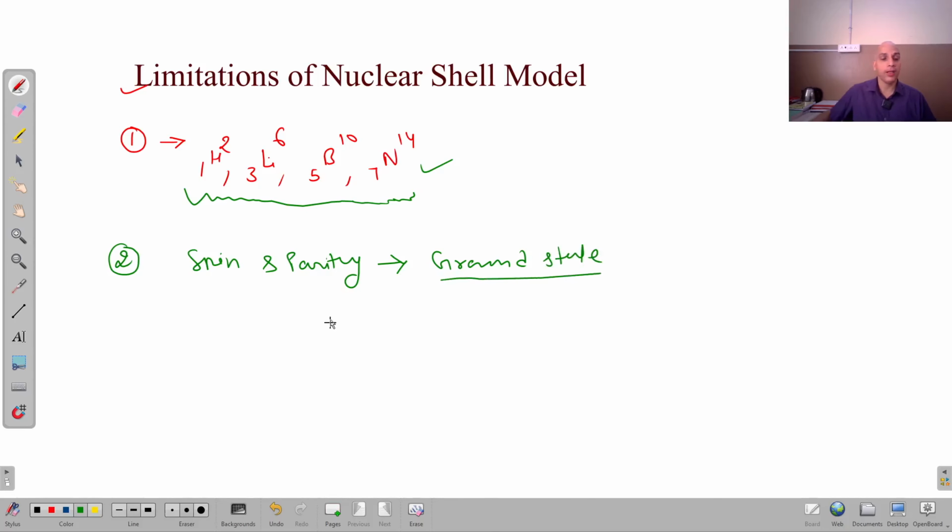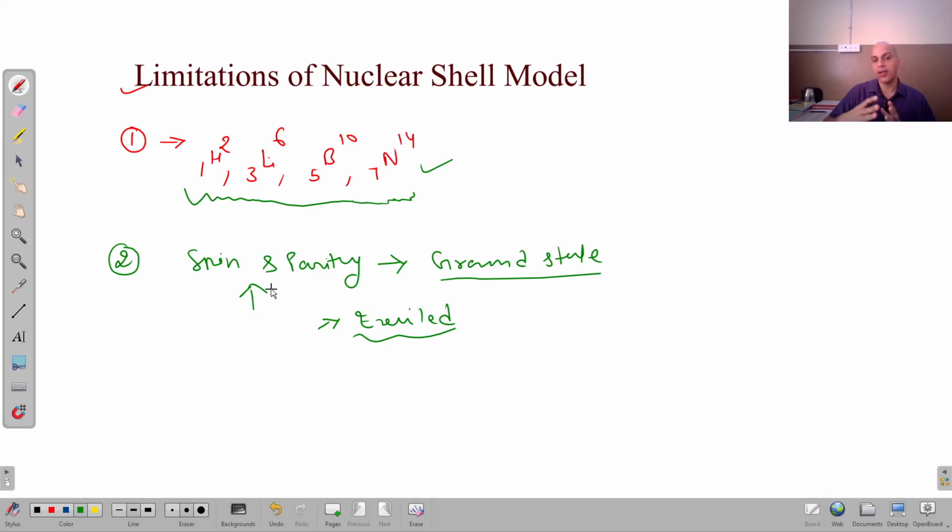But if we go to the nuclei which are in the excited state, in that case the calculations of the nuclear shell model for spin and parity deviate from the experimental observations completely.